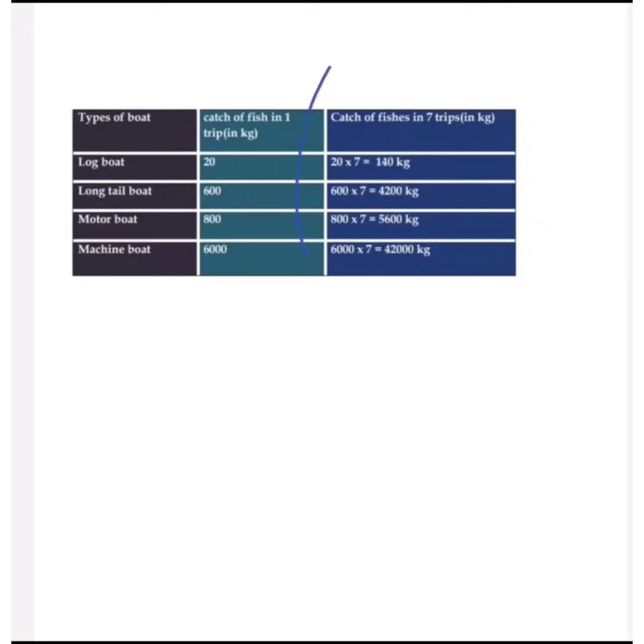This is our solution column. Okay, log boat 140 kg, long tail boat 4200 kg, motor boat 5600 kg, machine boat 42,000 kg. Children, now we calculated catch of fish in 7 trips. Clear?